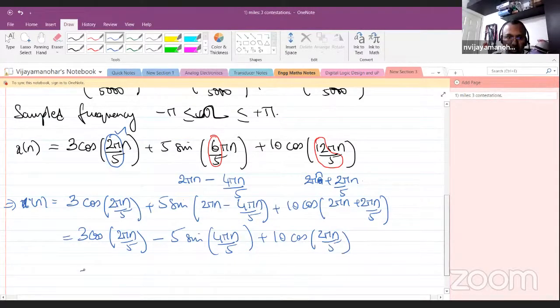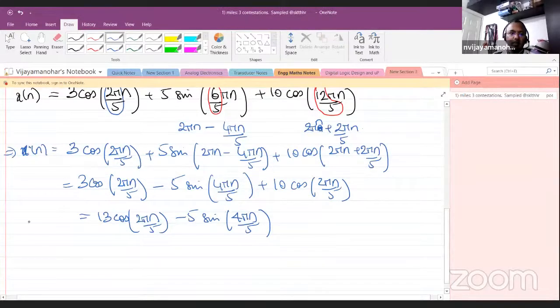Together it will become 13 cos 2 pi n by 5 minus 5 sine 4 pi n by 5. This is how the signal will look like. Because I'm doing an incorrect sampling, I will get this as the x of n.